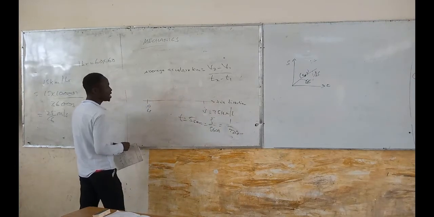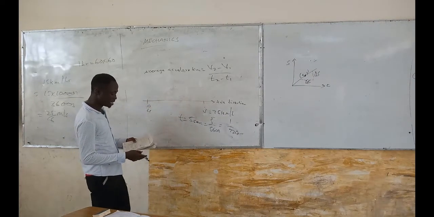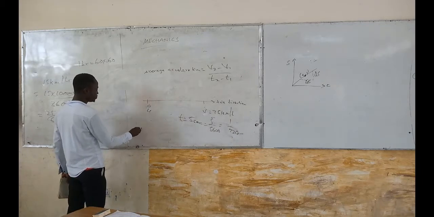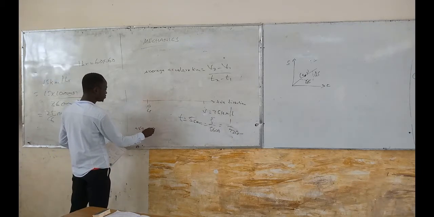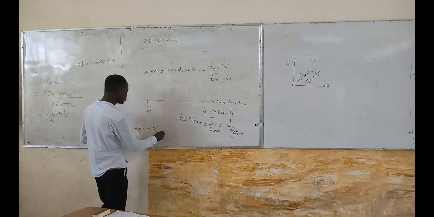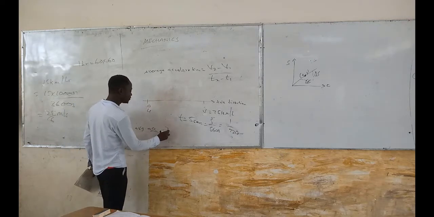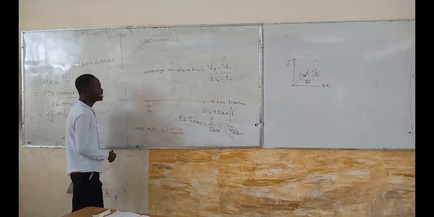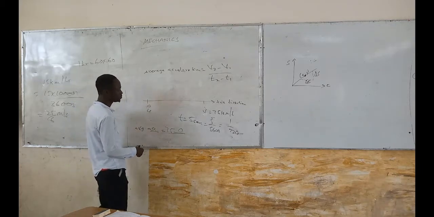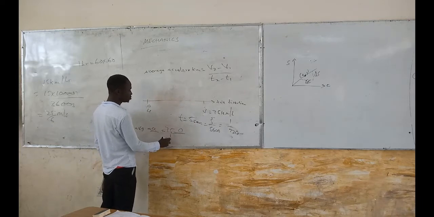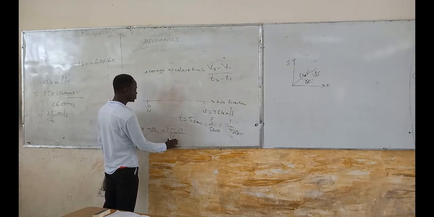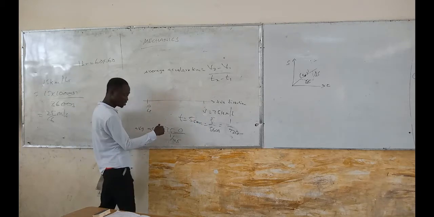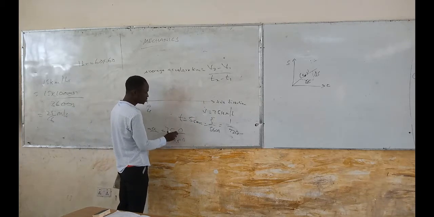Over here, the magnitude of our average acceleration is going to be v2 is 75, and then v1 no change, and then t is 1 out of 720. What will happen to the initial velocity? Because the body is at rest, stationary.